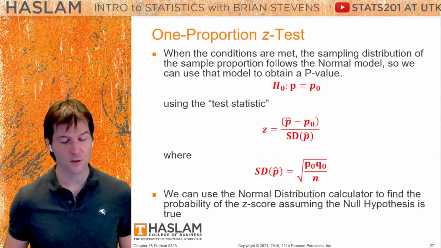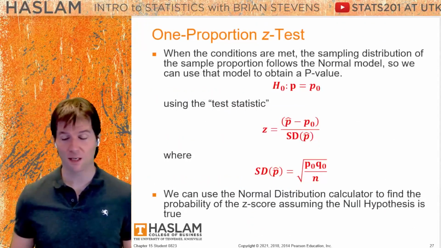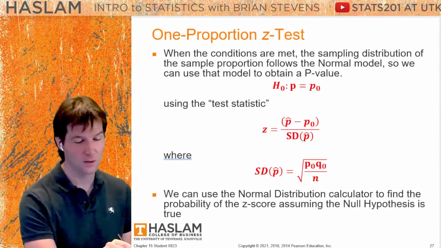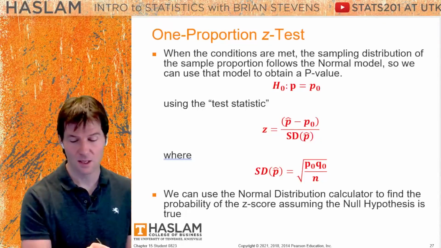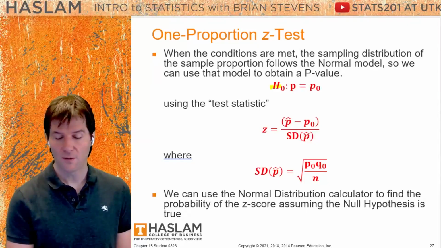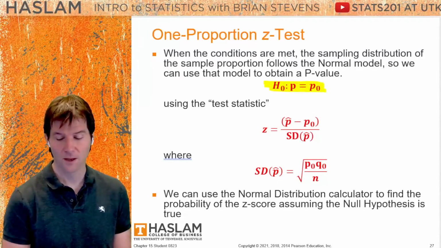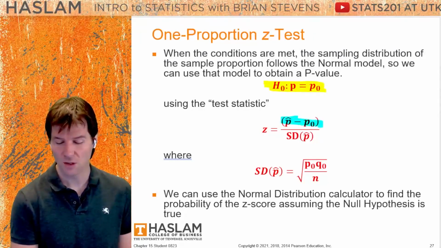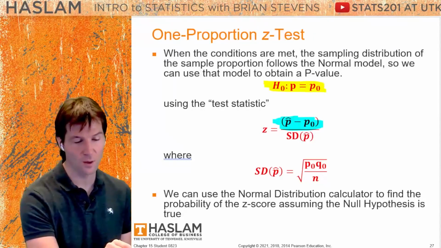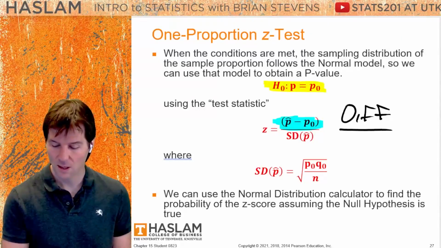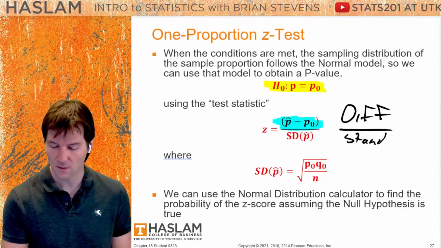From here, we just have to do the mechanics to find the z-score, or the t for means. So when we go right here, let's take a look at the math. We have our null hypothesis that the true proportion is equal to some hypothesized proportion. The top part of the equation is just a difference. You'll notice this throughout all equations we use for z-scores: this is just a difference, and then we standardize that difference.